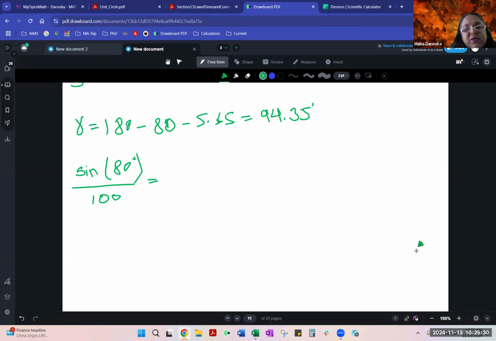And this would, of course, equal sine of the angle we just found, so 94.35. And then side C. So go ahead and tell me, what do you think our measurement for side C should come out to be?